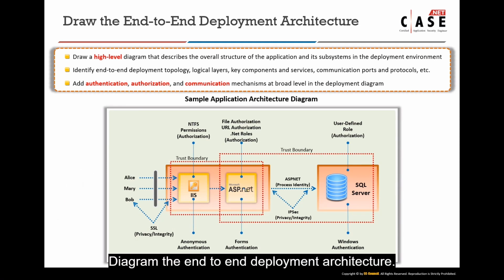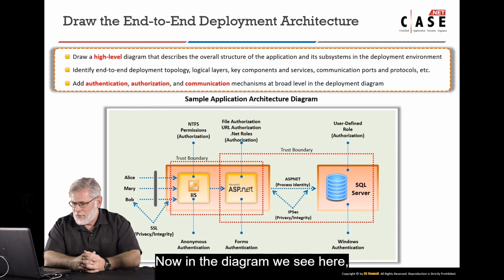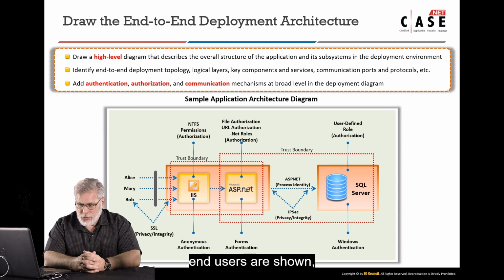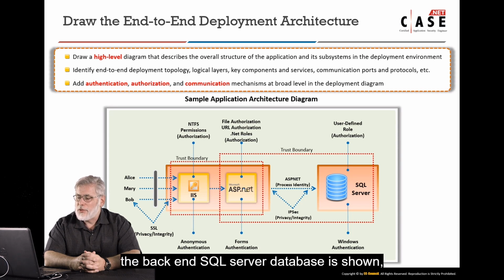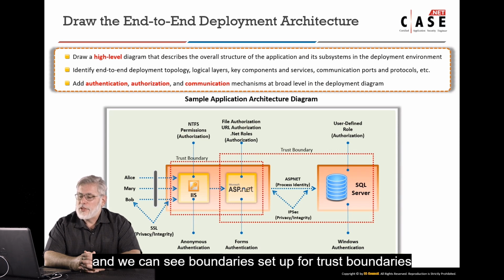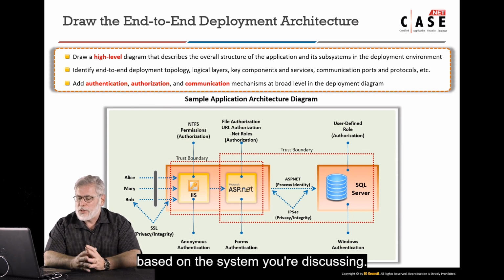Diagram the end-to-end deployment architecture. When you finally deploy this application, what all is involved in that? Now, in the diagram we see here, end users are shown, the back-end SQL Server database is shown, and we can see boundaries set up for trust boundaries to the level of trust you have based on the system you're discussing.